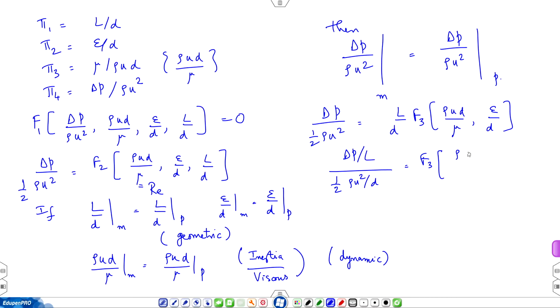So, let us write it as, and what is the quantity on the left? Friction factor f, right. So, that is lowercase f. There are too many functions here. So, which is an expression of Moody's diagram.